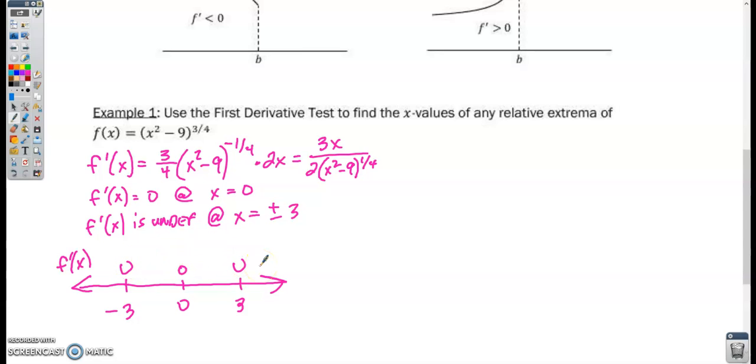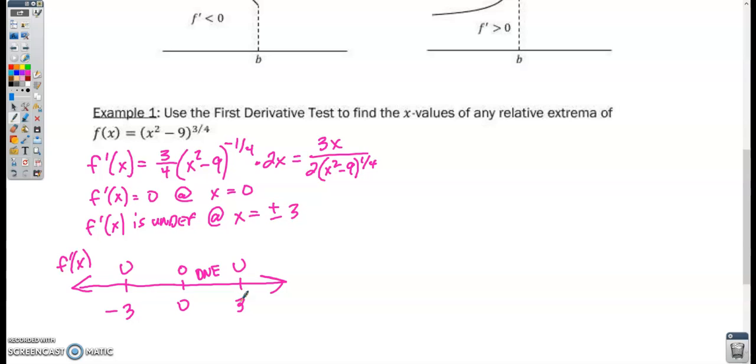And we look at what happens. I'm going to start with 1. If I put 1 into this derivative, I've got, oh gosh, I'm taking the 4th root of a negative number. And so the derivative doesn't even exist here.